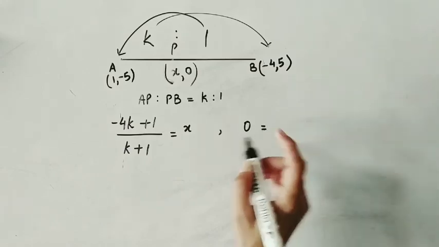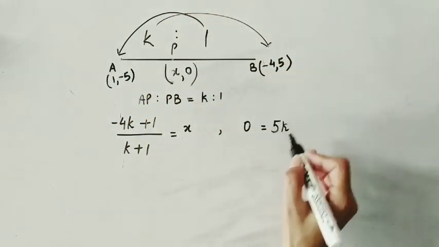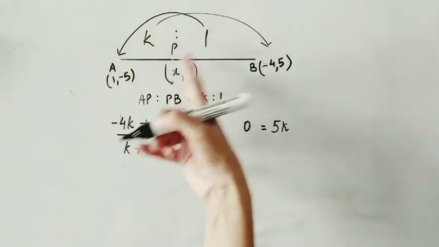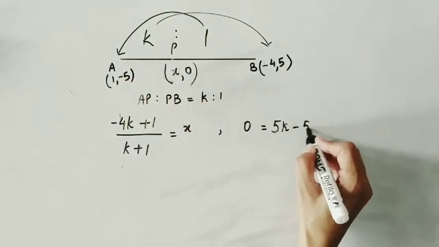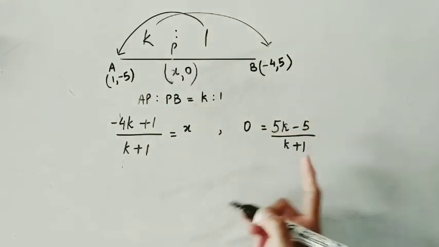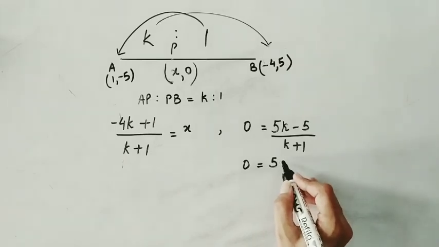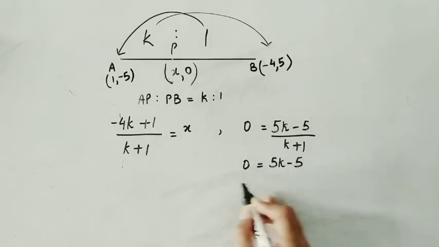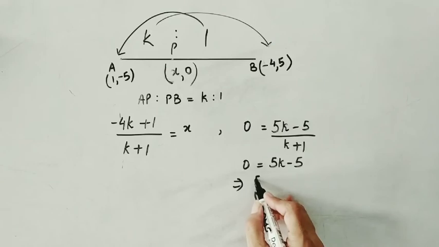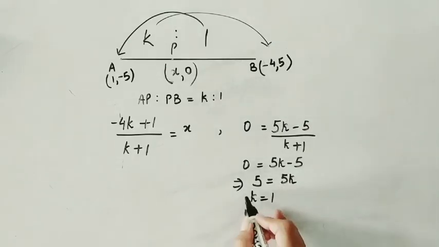So 0 would be equal to what? k into 5 will be 5k, plus 1 into minus 5 would be minus 5, over the sum of ratios, which is k plus 1. K plus 1 into 0 would be 0, and 0 equals 5k minus 5. That implies 5 equals 5k, or k becomes 1.